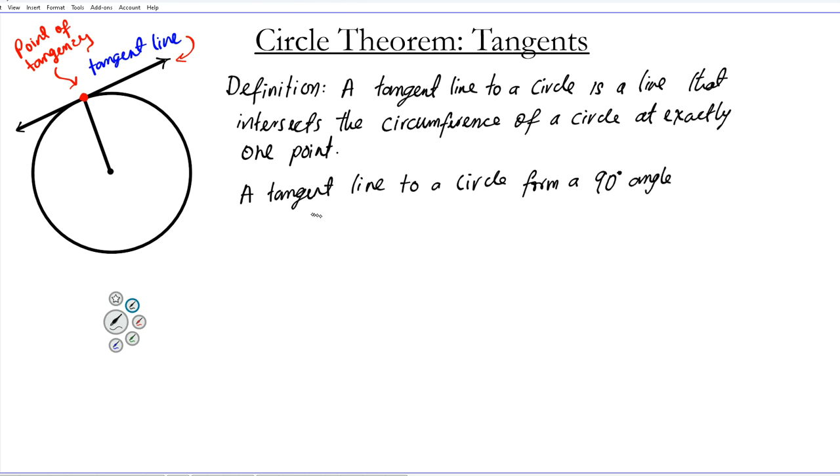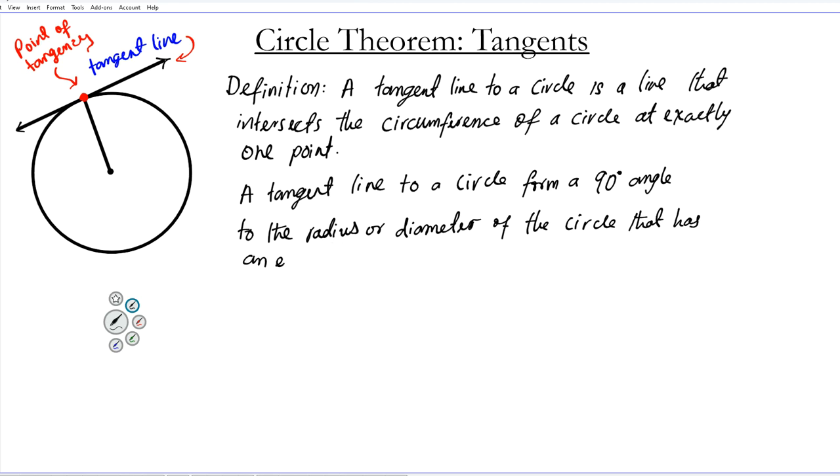It forms a 90-degree angle to the radius, or by extension, diameter of the circle that has an endpoint at the point of tangency.